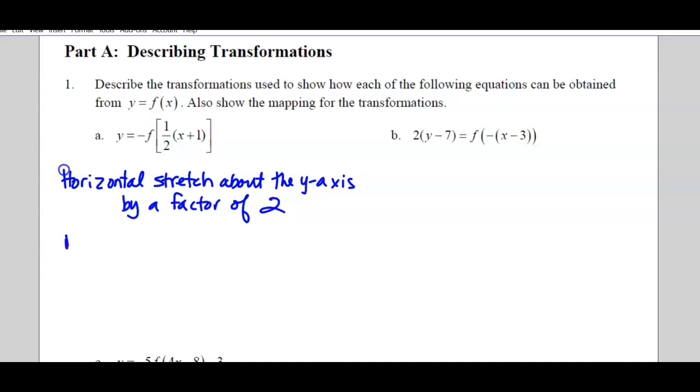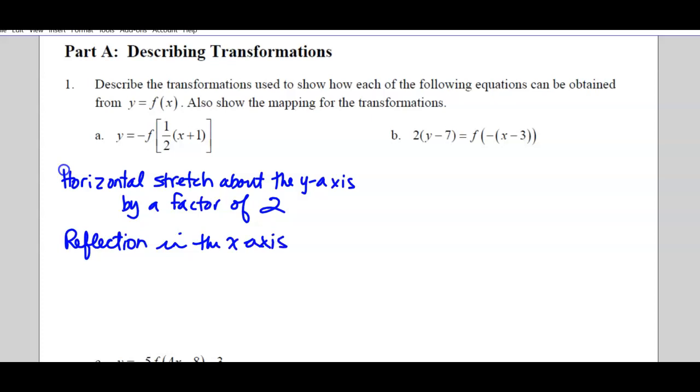Now reflections. If you see a negative in front of anywhere really, in front of a variable or the f, you know there's a reflection. In this case, we're changing the sign of y. If you change the sign of y, it's going to flip it over the x-axis. So reflection in the x-axis.